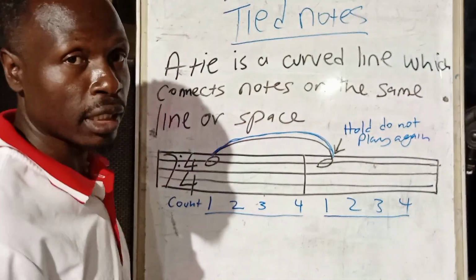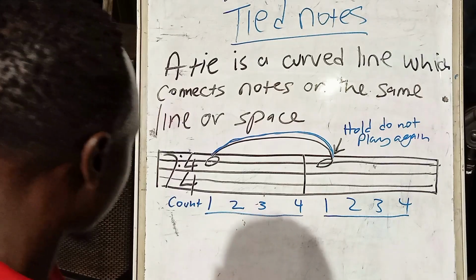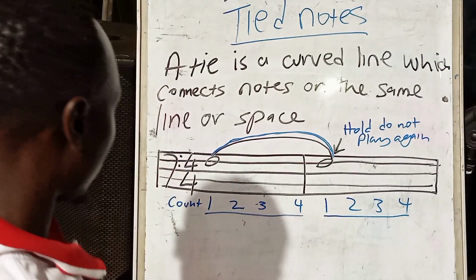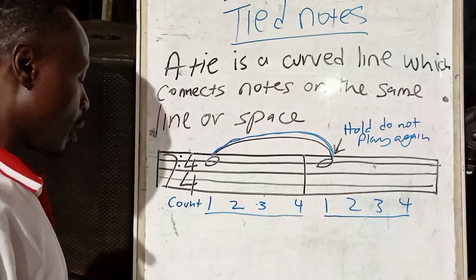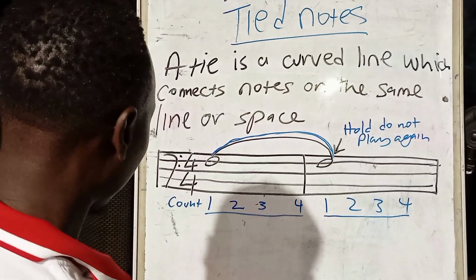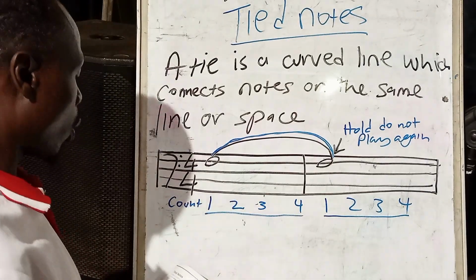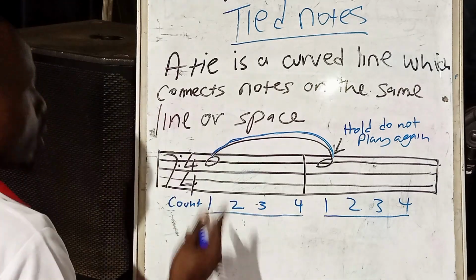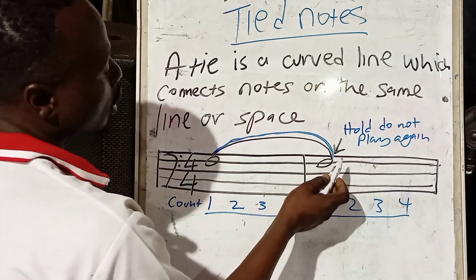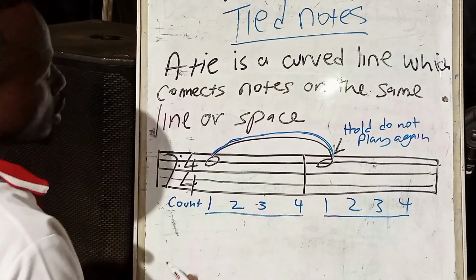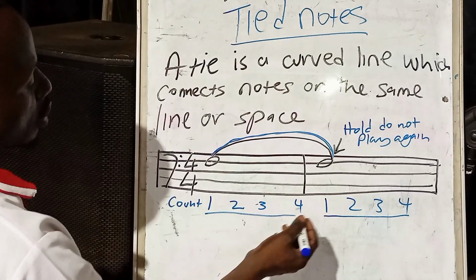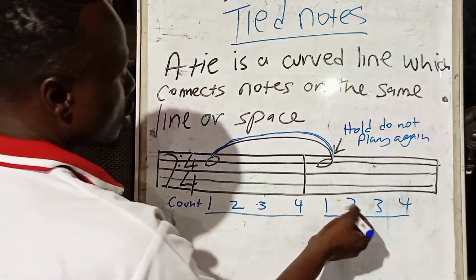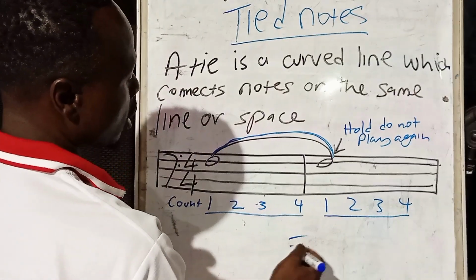So that is what a tie does. A tie is a curved line which connects notes on the same line or space. Play the first note only and hold for the value of both notes. So you play only this note and you hold it for the value of the two notes, that will be 1, 2, 3, 4 plus 1, 2, 3, 4, which gives us 8.